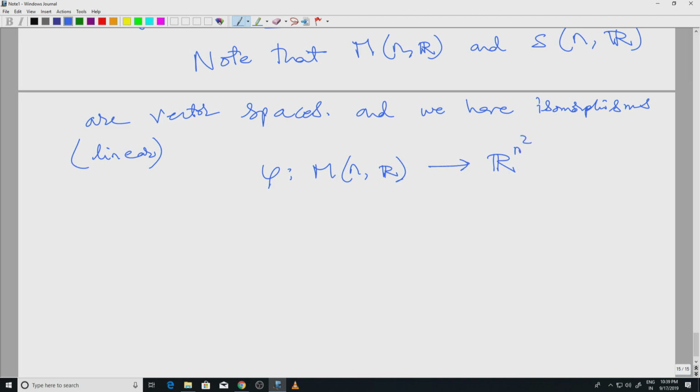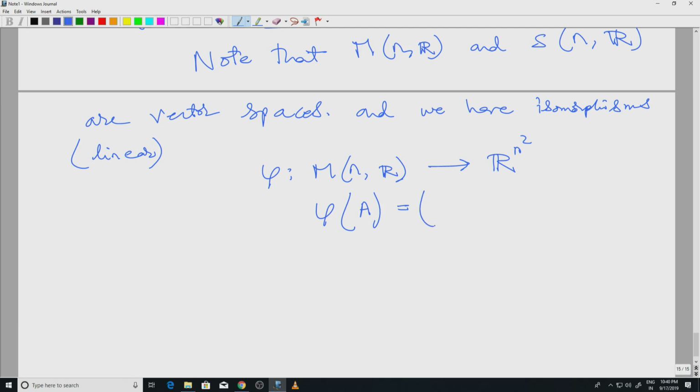What does this do? If I take a matrix A, I am supposed to get a point in R^(n squared), so I should have n squared coordinates.